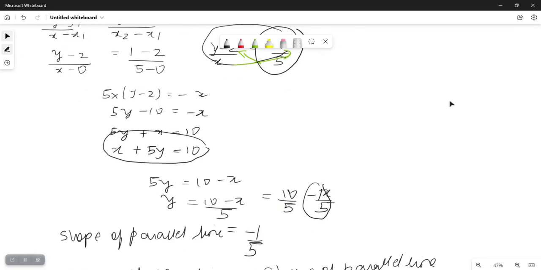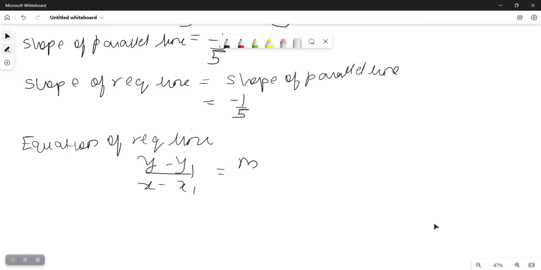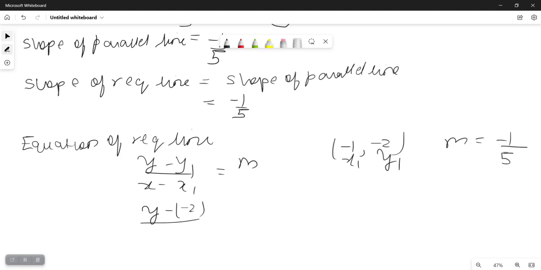So instead of x1 and y1, we are going to use minus 1, minus 2, and our m is minus 1 upon 5. So (y minus minus 2) upon (x minus minus 1) is equal to minus 1 upon 5. This will turn out to be (y plus 2) upon (x plus 1) is equal to minus 1 upon 5. This is it.